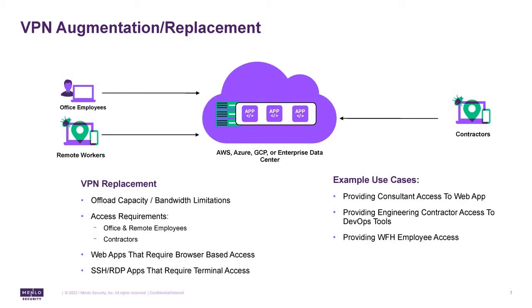And then finally, VPN augmentation or replacement. Gartner has their number around 60% by 2023 are going to get rid of their VPNs. I don't know if that's true, right? I mean, VPNs have been around for whatever, 20 years, and they have their purpose and they have their place in organizations. But what I would say is that a ZTNA solution can really help augment that VPN capability.